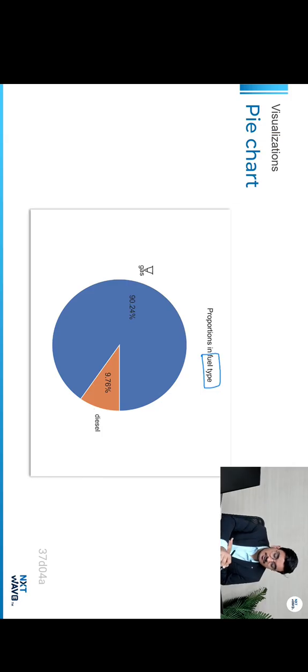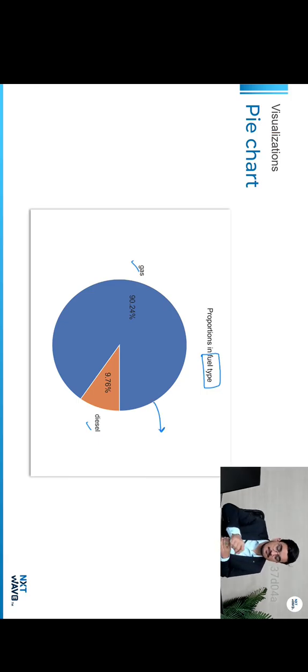We only have two fuel types in our data, gas and diesel, and we can see that 90% of our cars run on gas because the share of the pie is comparatively very high for gas. So in our data, most of the cars run on gas, while very few, around 9.7%, run on diesel.